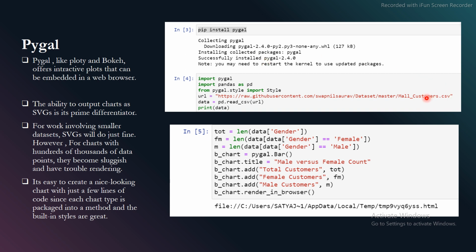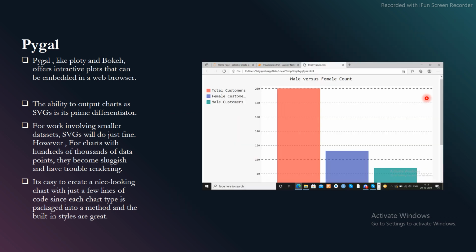If you run it, it shows how many total customers there are, the female customers, the male customers. It opens an HTML page in a web browser, right? And it's interactive. If you hover over it, it tells you the number of male and female customers. So it's histograms, and it is telling you some kind of patterns of the different customers, and it tells you the number, right?